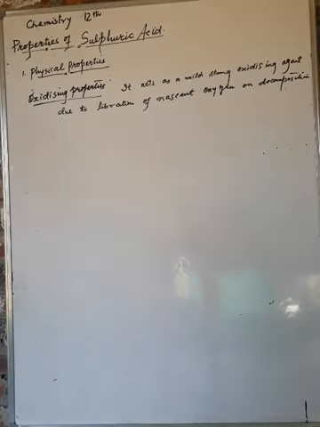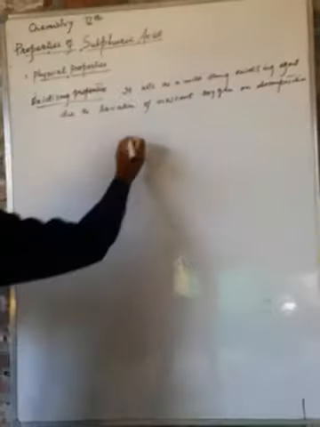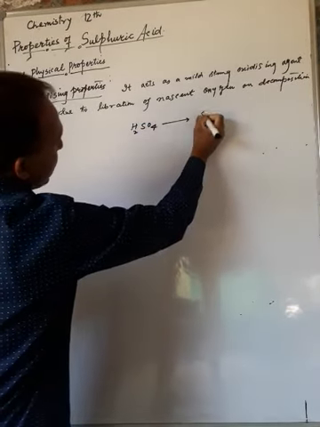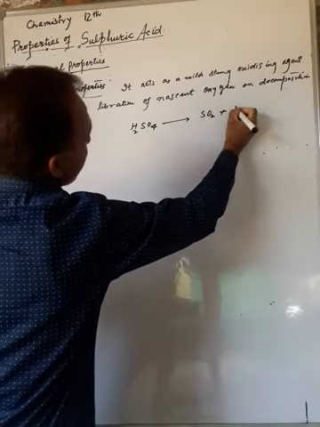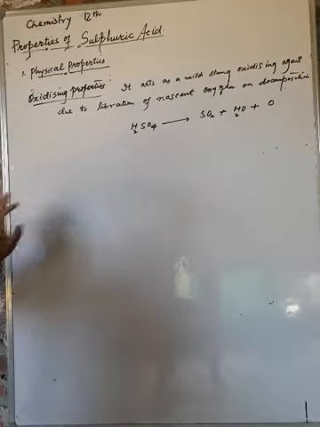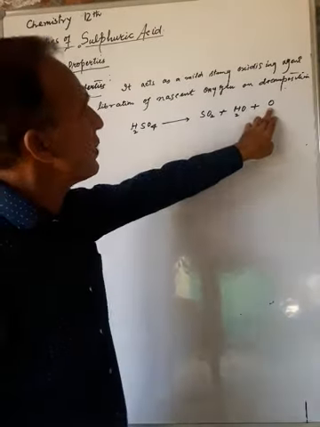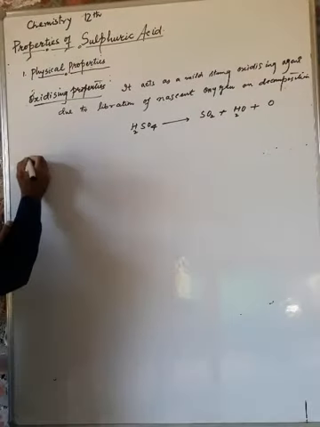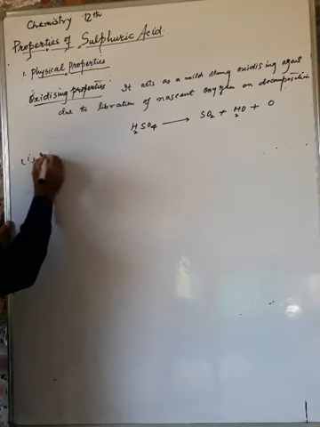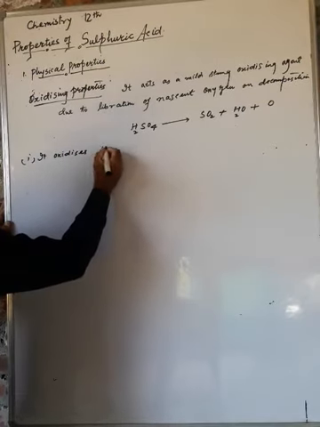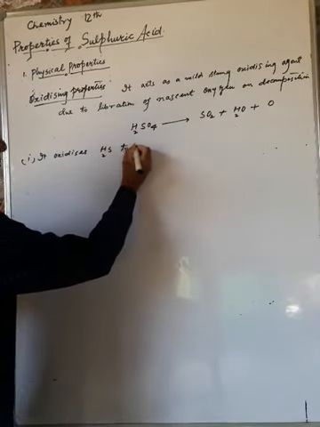So when we take H2SO4, it gives SO2 plus H2O plus nascent oxygen. It is because of the liberation of the nascent oxygen that it acts as an oxidizing agent and it oxidizes hydrogen sulfide to sulfur.